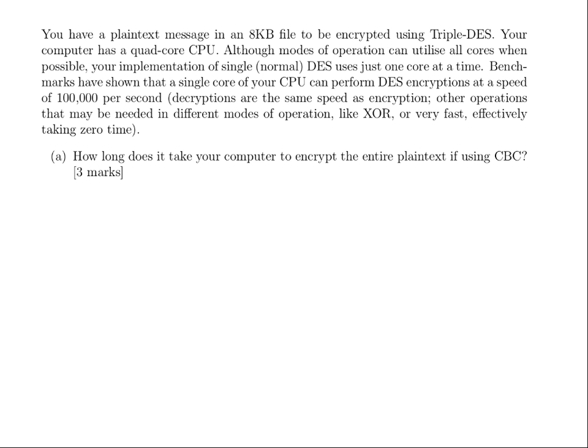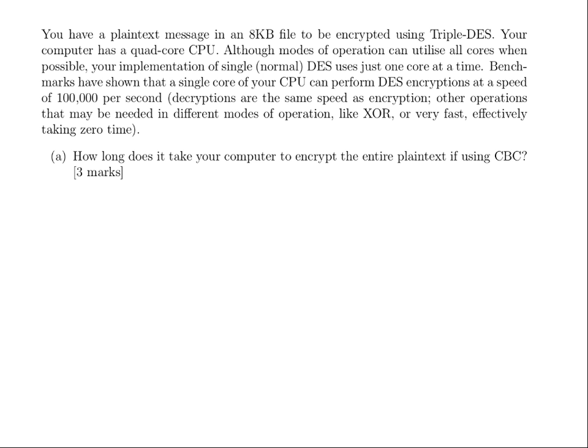First thing you need to know is that normal DES uses 64-bit blocks. Some people forgot or didn't know that. So single DES uses 64-bit blocks, and therefore triple DES also uses 64-bit blocks. The only difference is that it operates 3 times.